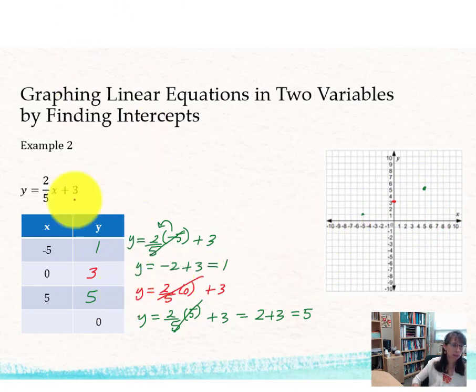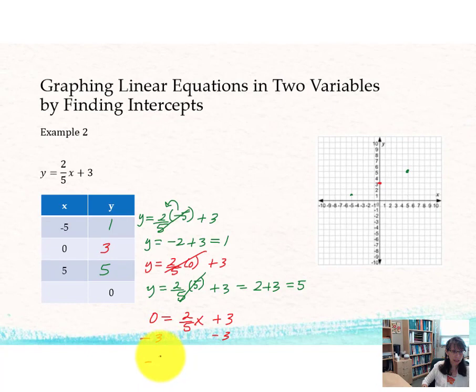And we have one more substitution because we have not found exactly where this line is going to cross the x-axis yet. So we're about to substitute 0 for the y value. Make sure you're substituting for the right variable. 0 equals 2/5 x plus 3. So I'm going to subtract 3 from both sides to get -3 equals 2/5 x.